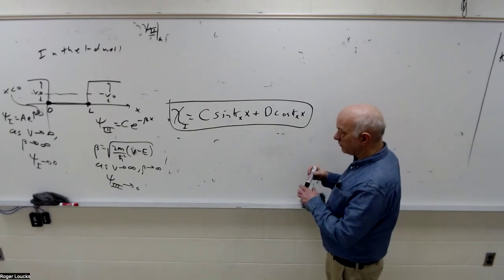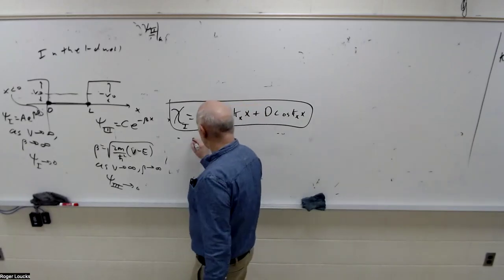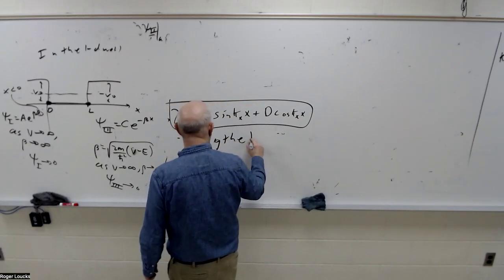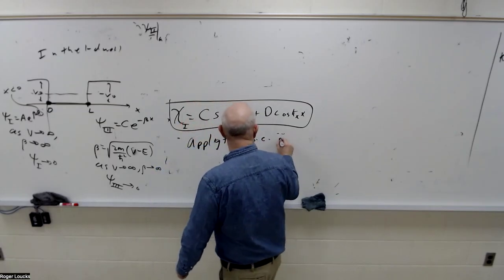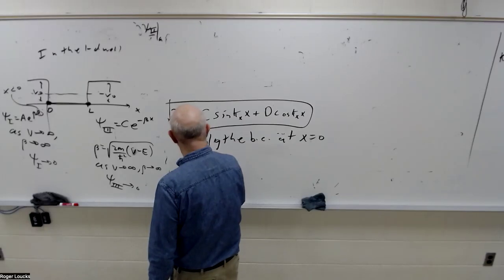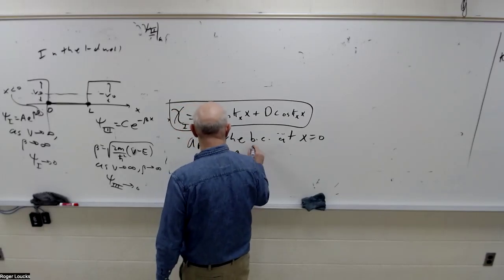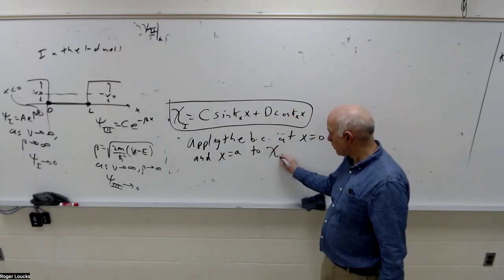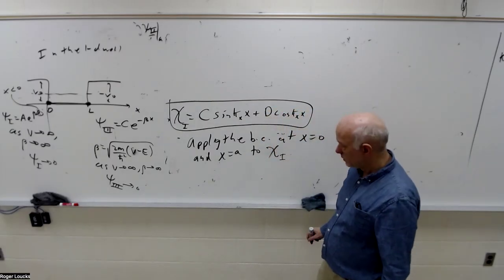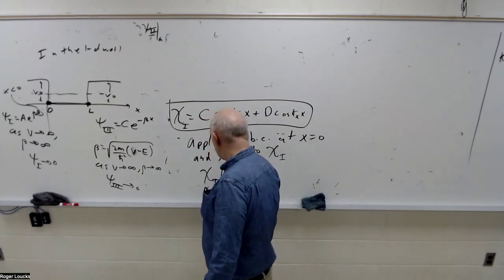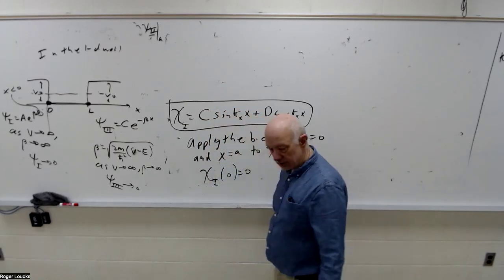Okay, so let's apply the boundary conditions at x equals 0 and x equals a to chi, the chi inside the box. So chi inside the box at 0 would be 0. What does that give me?